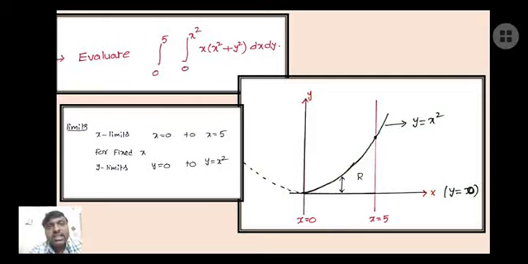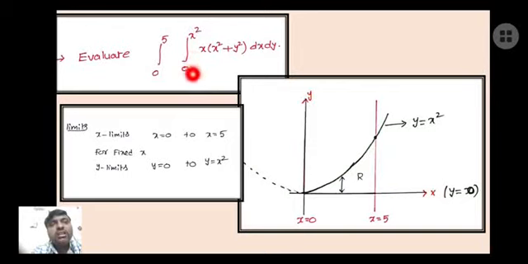See here in this example, evaluate the double integration, integral 0 to 5, integral 0 to x square, x into x square plus y square dx dy. First of all, observe the limits of the integration: the outermost integration has limits 0 to 5 and the internal integration has limits 0 to x square.